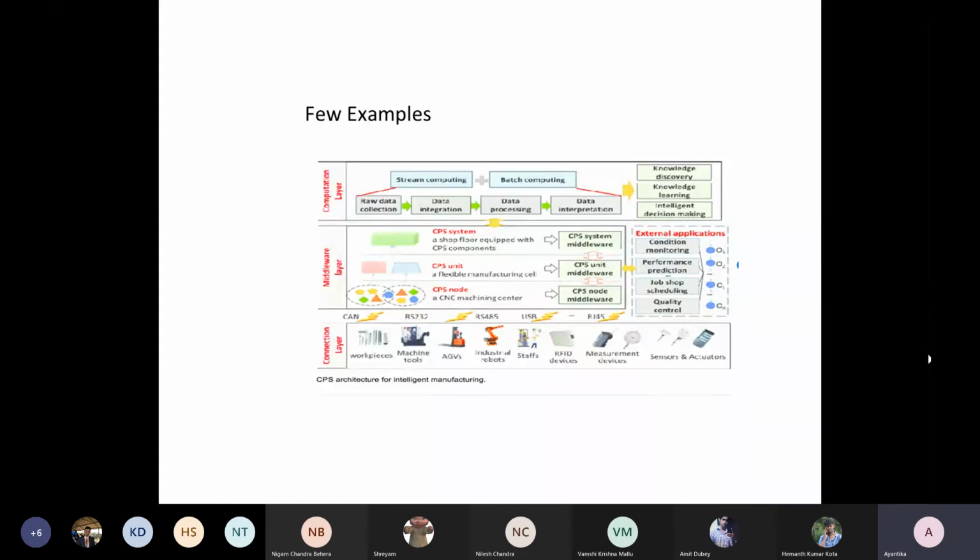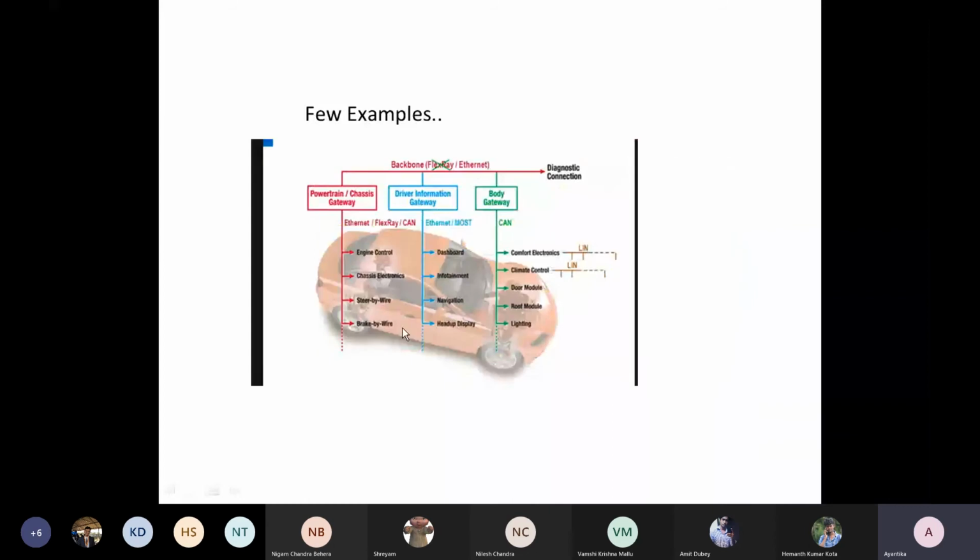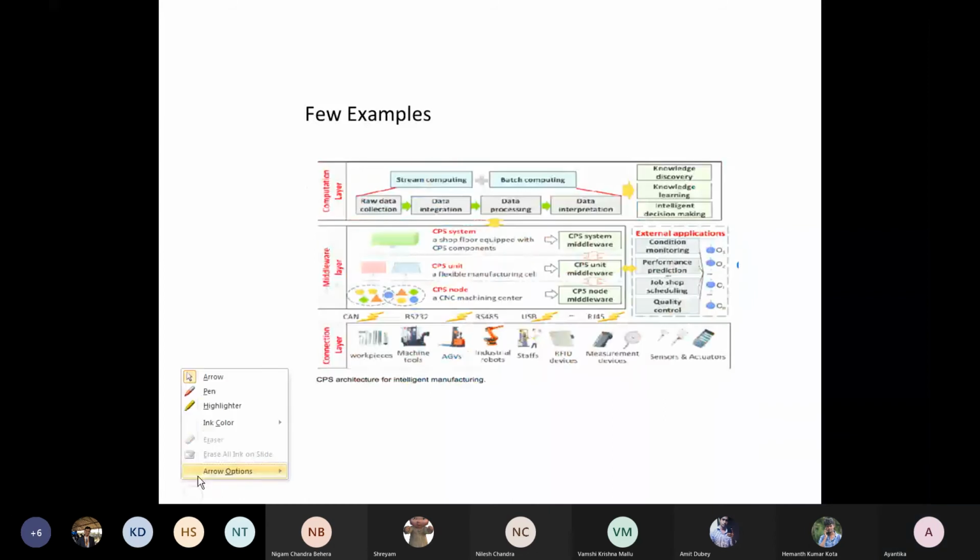So you can see when we are talking about embedded systems nowadays, an embedded system is not just one computing unit, one sensor or one actuator. It is like you have one layer of CPS nodes, cyber physical system nodes.